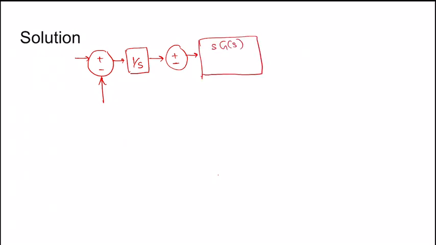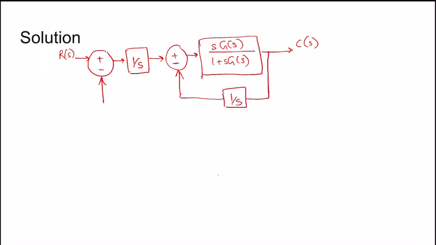So this is coming like this, plus and minus, then we have 1/s, then again plus and minus, sG(s)/(1 + sG(s)), and this is C(s), this is R(s), and this is 1/s, and I can write another 1/s like this.